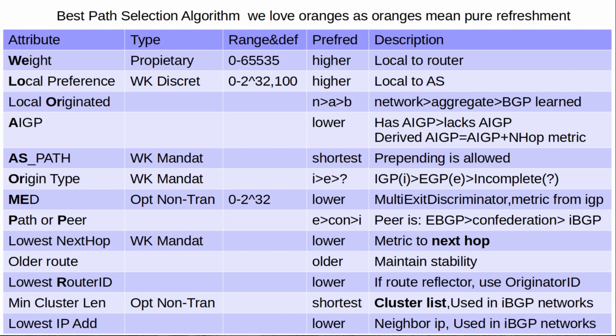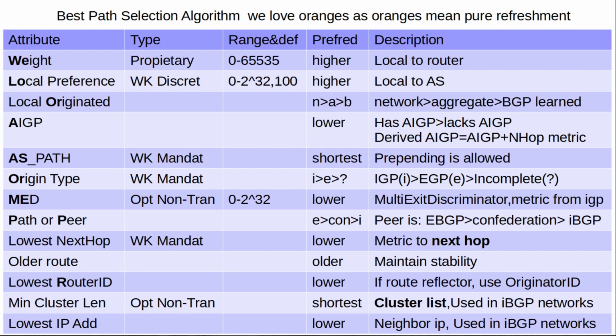So this is the best path selection algorithm. You have to remember this order for the exam. When BGP has several prefixes that are the same, BGP will have to decide what is the best prefix among all.